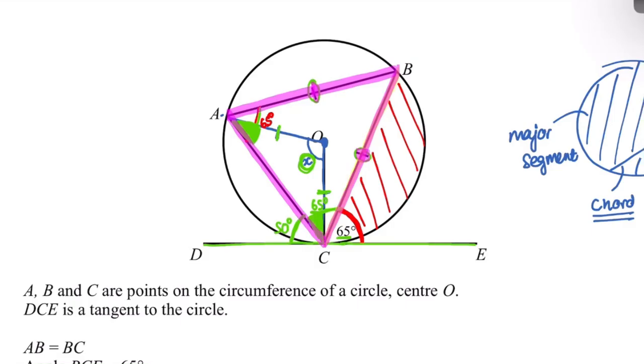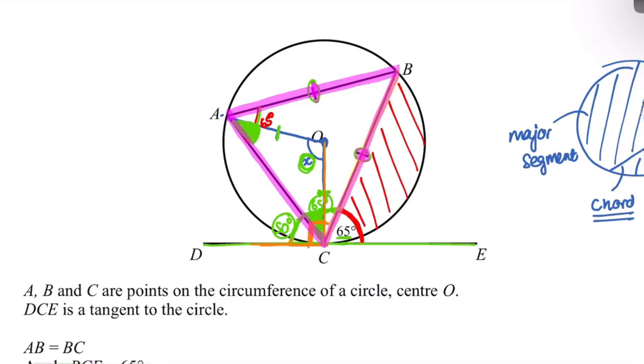We know that this angle is 50 degrees. We know that this angle over here is 65 degrees. But there is another rule. That's why this question is confusing, because you have a radius over here and it's meeting a tangent. And a radius meets a tangent at 90 degrees. Okay, so this over here is 90 degrees.